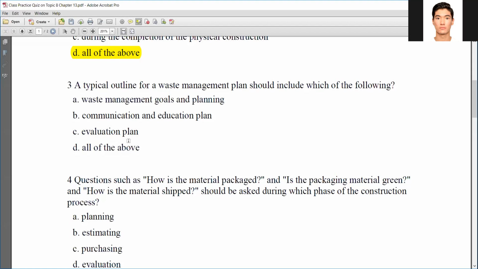People working on the project, which may be hundreds or thousands on a bigger project, should be educated or trained for waste management. And later on, it should also be evaluated how well these waste management practices and steps have worked. So an evaluation plan should also be there. In the end, the answer is all of the above.